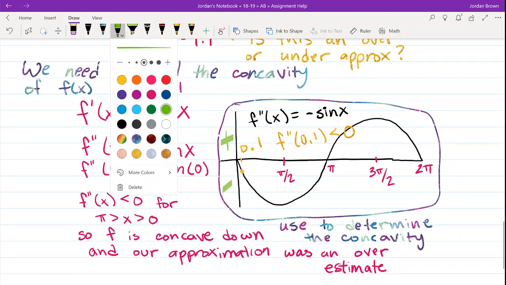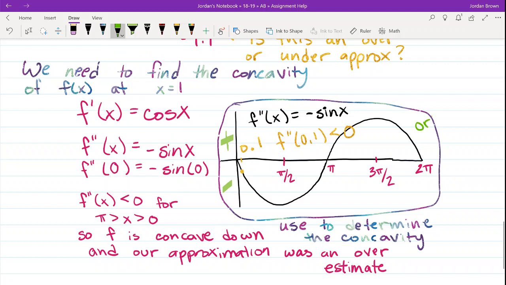Up here means that the original is concave up. Down here, the original is concave down.